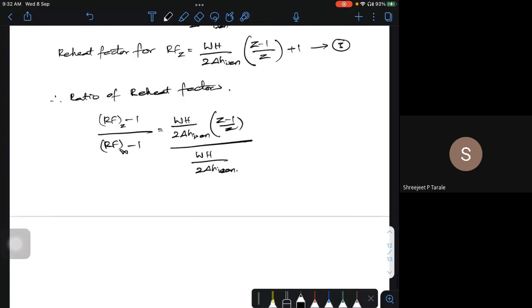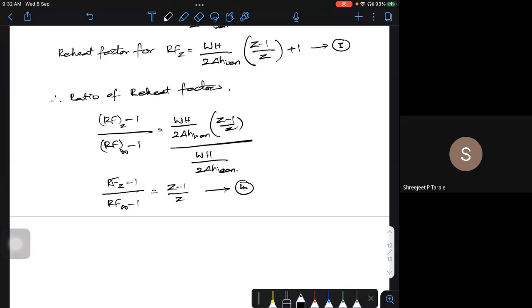These two things just cancel out. I'm going to get reheat factor Z minus 1 over reheat factor infinite minus 1, which will be simply Z minus 1 by Z. So this is the correction factor.